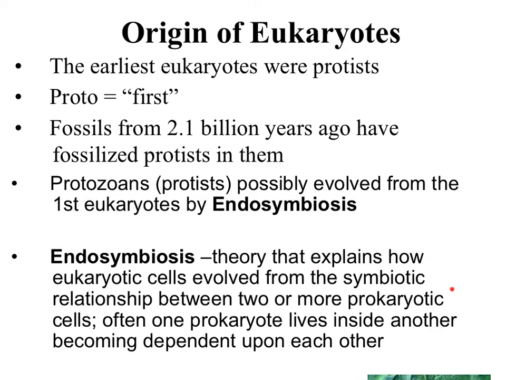And these initial prokaryotic cells later became our current day chloroplasts or mitochondria. And over time, these prokaryotic cells became so reliant that they're no longer considered a cell themselves, they're just considered organelles within our current eukaryotic cells.